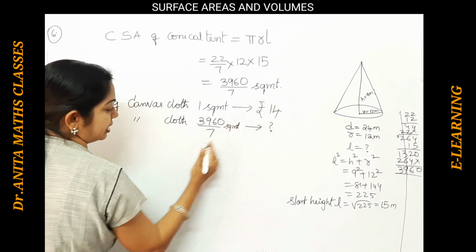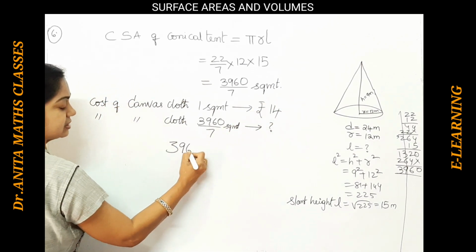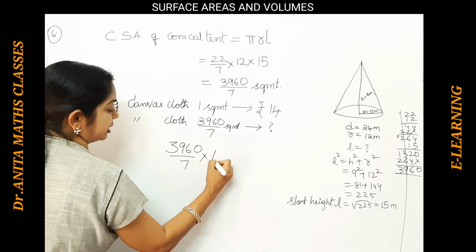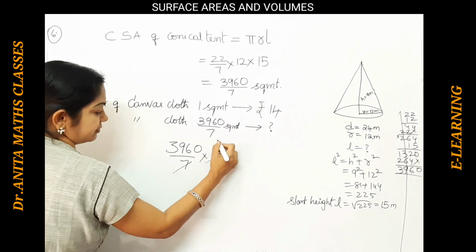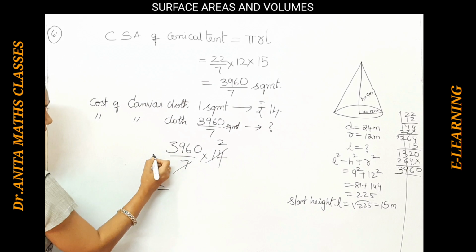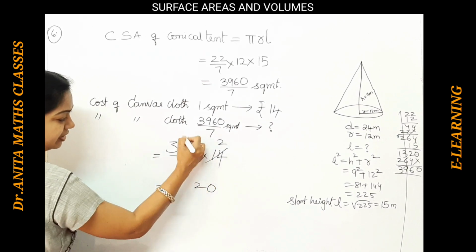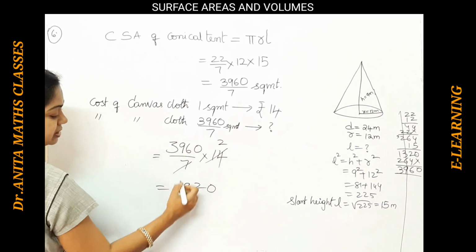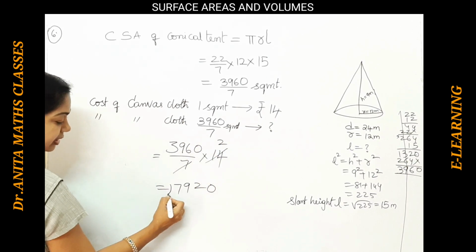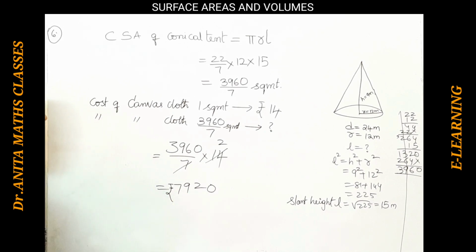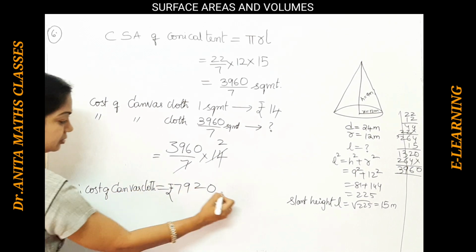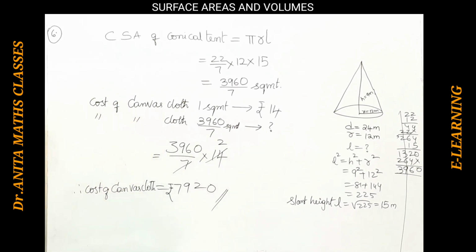So just cross multiply: 3960 by 7 into 14. 7 twos are 14, so multiply with 2. This is the cost: 7,920 rupees. Therefore, this is the final answer for the cost of canvas cloth. Please pause it and note it down.